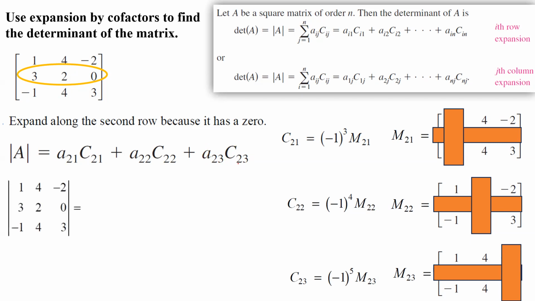But take a look. The determinant of this matrix is equal to -3 times the determinant of this 2 by 2 matrix that you already know where it comes from. This is M sub 2 1: 4, -2, 4 and 3, plus.